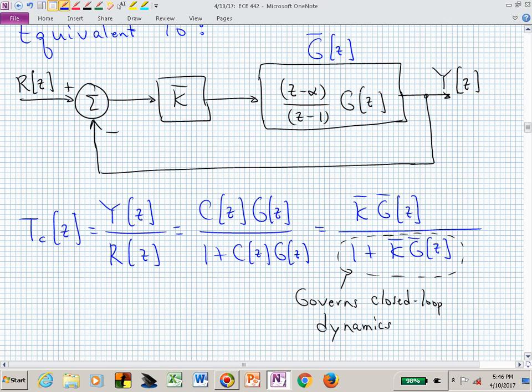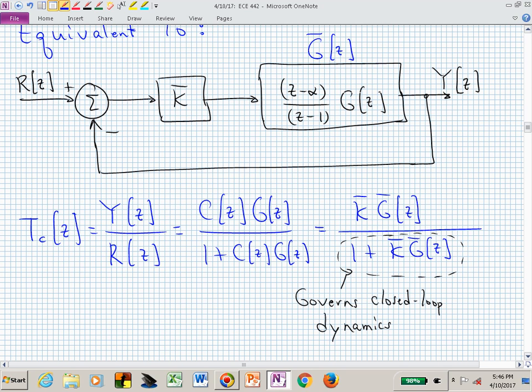But the analysis really hasn't changed. I'm still looking at the denominator, which is governing my closed loop dynamics. And what happens in the denominator? I can manipulate those closed loop poles by the choice of K bar, or by moving K bar from 0 up to infinity.